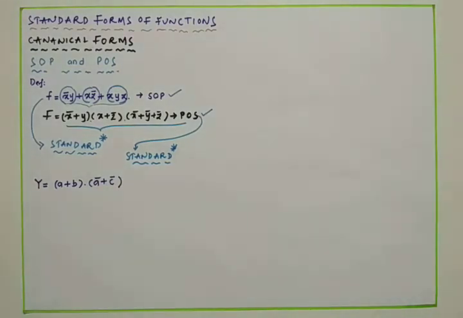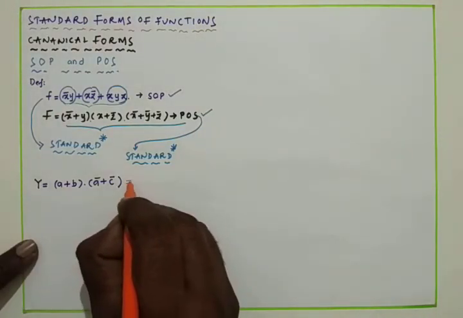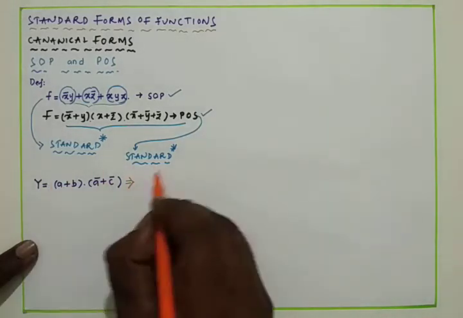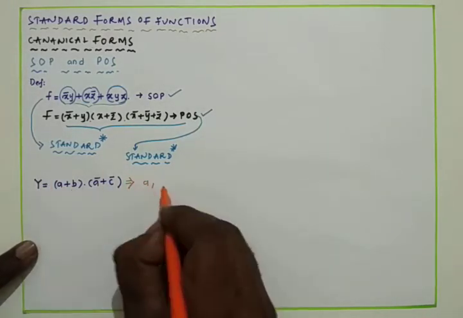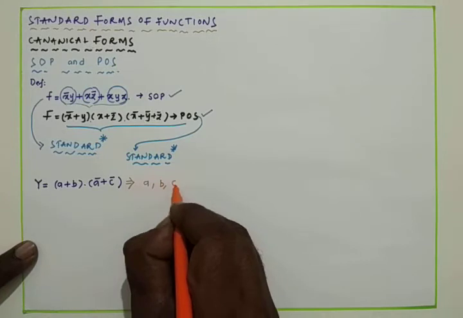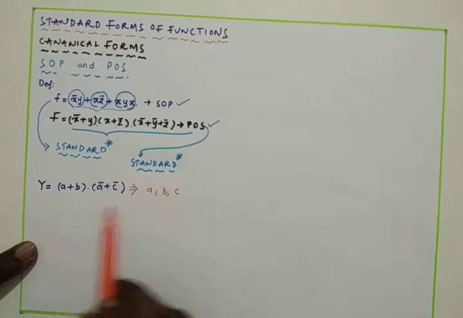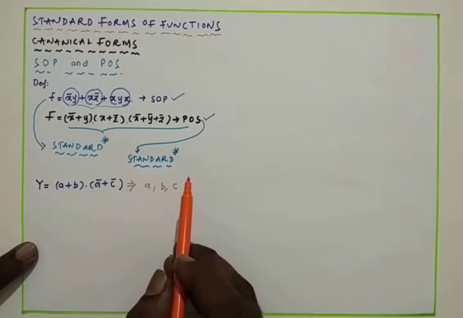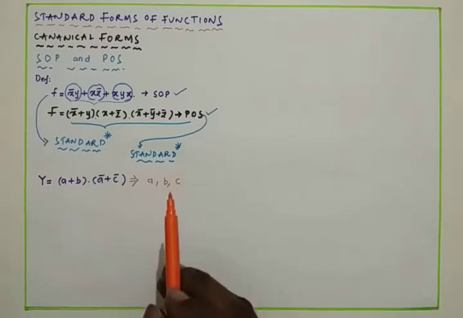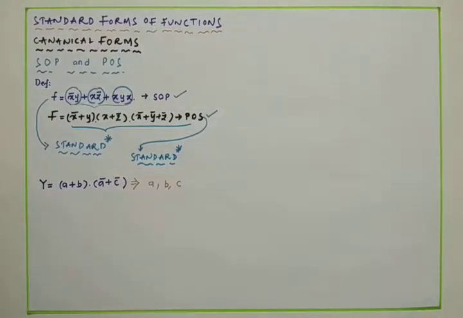If you clearly see this, what are the input signals we have? From this we can say that the inputs are A, B, and C. Due to these three inputs, we have the output Y equals A plus B into A bar plus C bar.